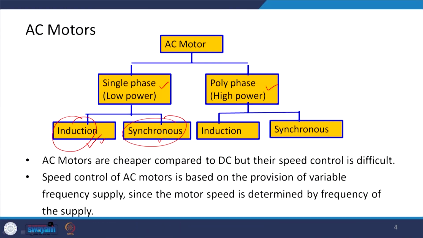The speed control of an AC motor is based on the provision of a variable frequency supply, since the motor speed is determined by the frequency of the power supply. So, now let us look at the basic induction motor first, then we will look at the synchronous motor.